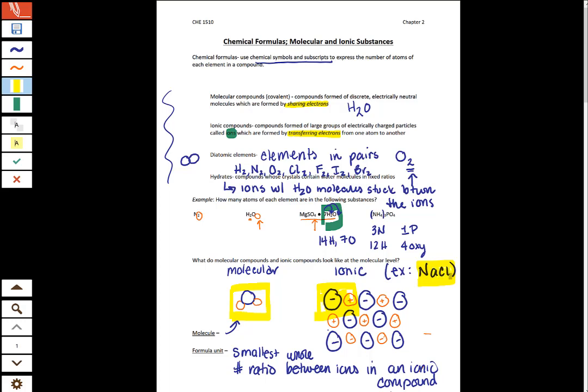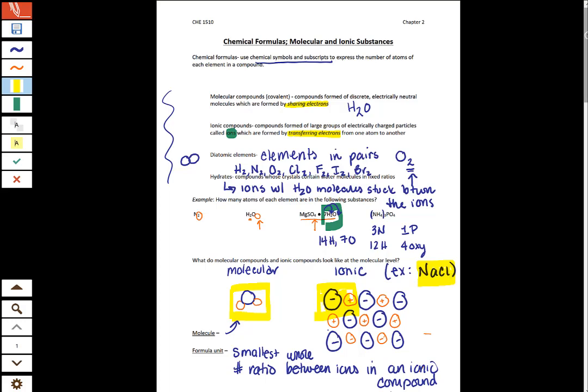So it's almost like you're reducing a ratio, you know, an Na20 to Cl20 can be reduced to 1 Na to 1 Cl. So we're going to keep working on that as time goes along and we start learning some more stuff.